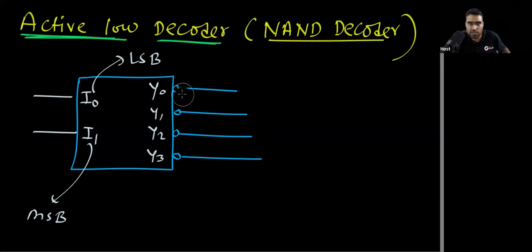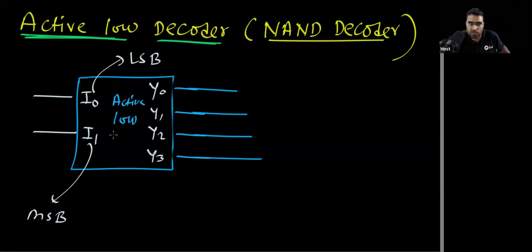And one more thing: if I remove this bubble, then I have to explicitly say that this is an active low decoder. This is also another representation. If I don't put the bubble here, then I have to give you this information that it is active low decoder.